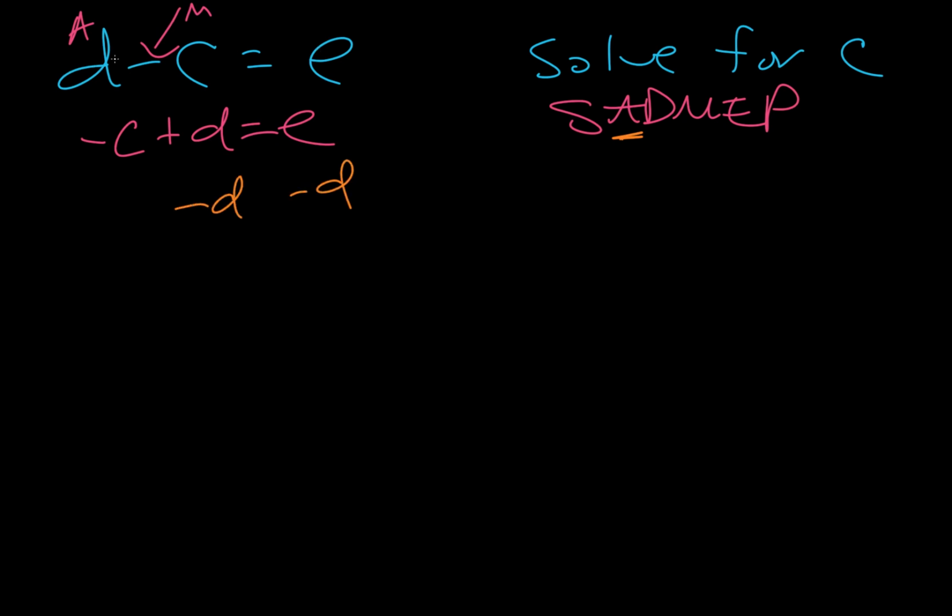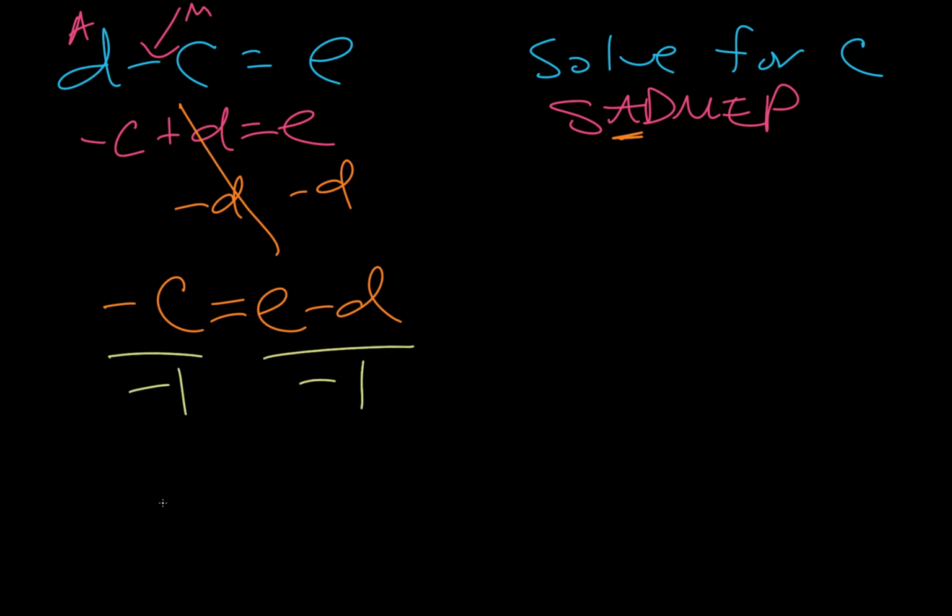Once again, we could do it on this blue one as well. Subtract D, it would give us the same answer. So we have -C equals E minus D. And last thing is to divide by -1. So we're left with C. Now, we could leave it like this, but to fully simplify it, it's actually best to divide each one by -1.